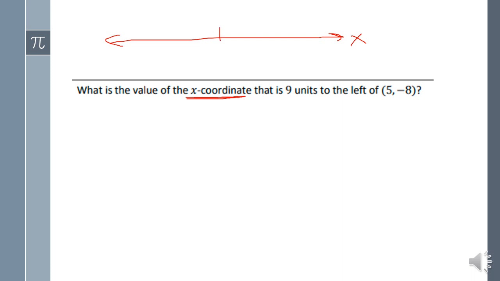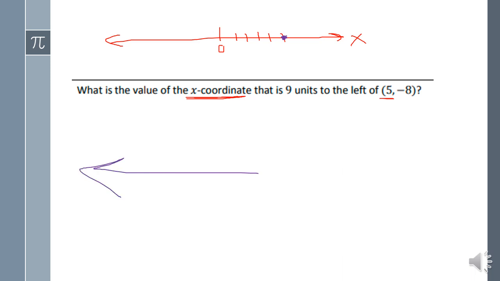And so when I look at this, here's my 0, and currently my x, and I'm just focusing on my x, is on the +5. So 1, 2, 3, 4, 5. And it's telling us it's going to move 9 units to the left. So to the left is going to be in this direction here.